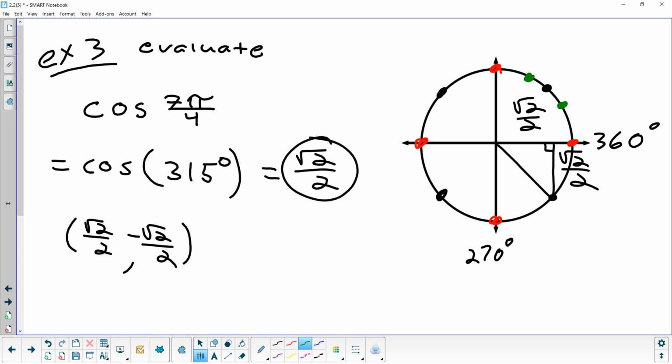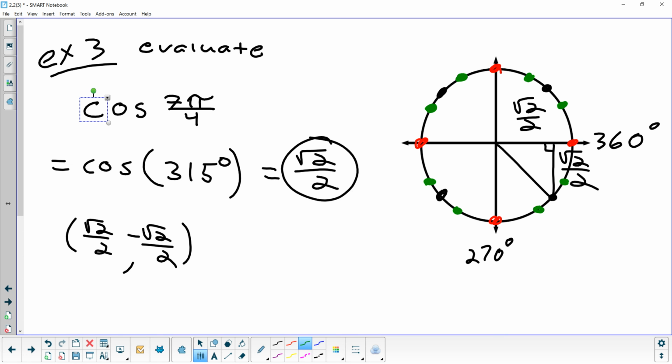Now we're going to look at doing the 30 and the 60 in the other quadrants. I'm not going to go through every one of them, but that's basically a complete diagram of everything we've gone over. All the black dots are the 45s. All the green dots are the 30s and the 60s. And all the red dots are the quadrantal angles. So that gives you 16 different dots around the circle that I could ask you about. And you have to find the coordinate first, and then find the trig function they're asking for.